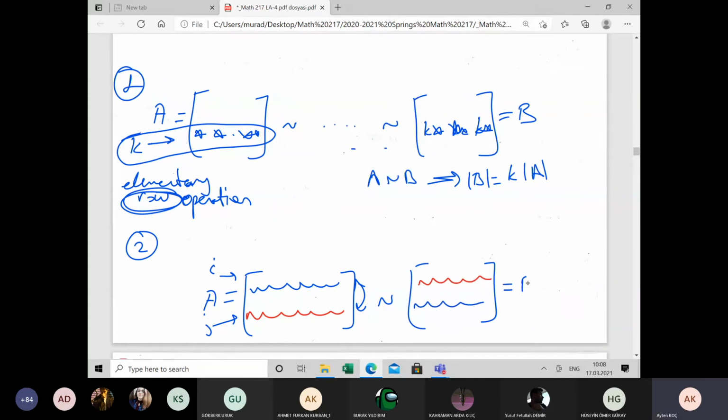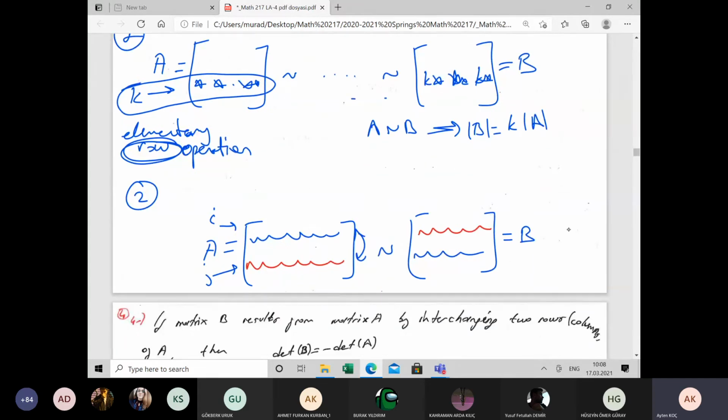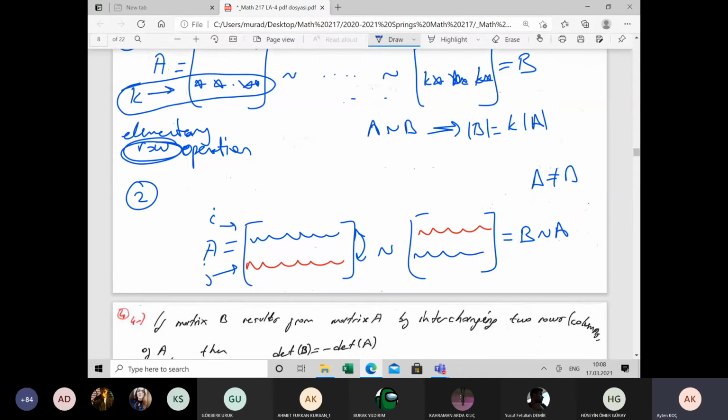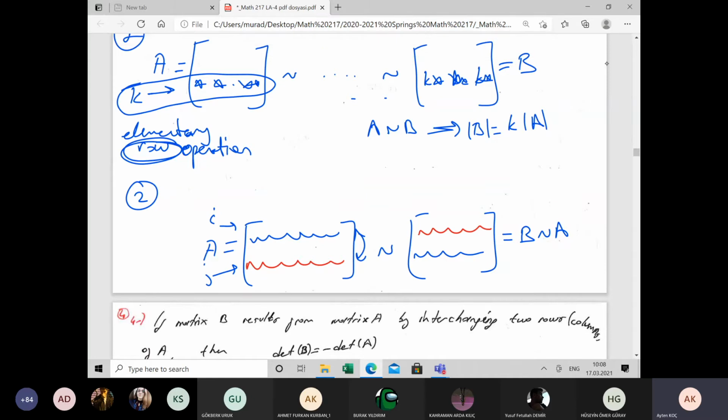We know that A is not B, because the rows changed, but A is row equivalent to B. What is the relation if B can be obtained from A by interchanging rows?